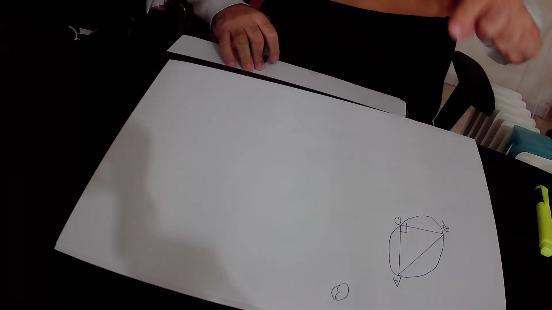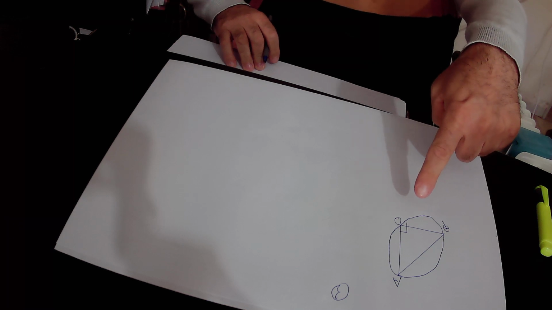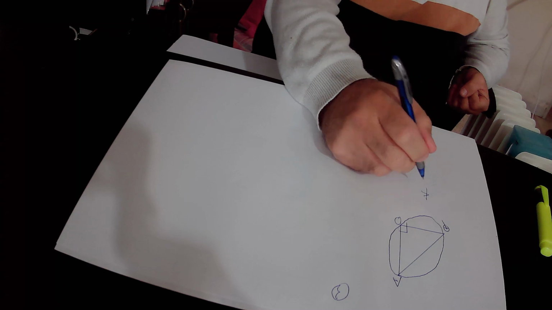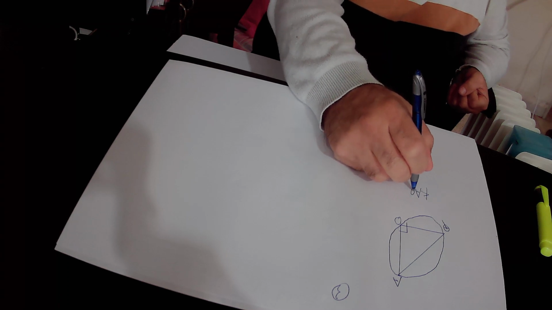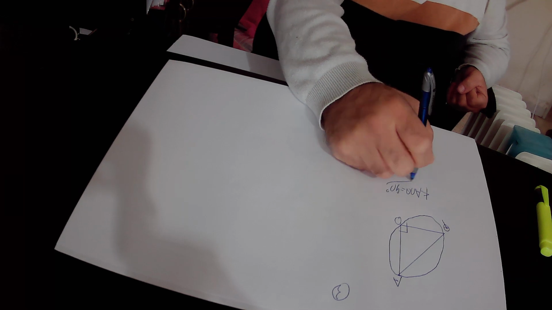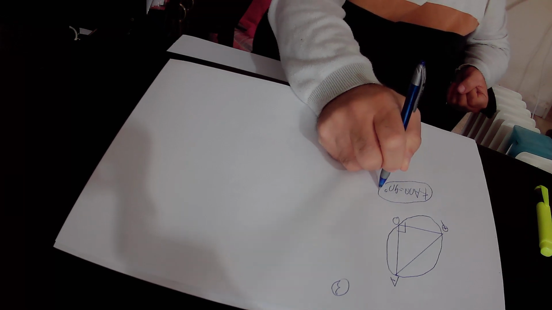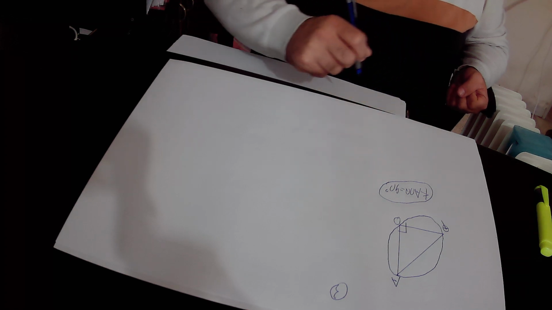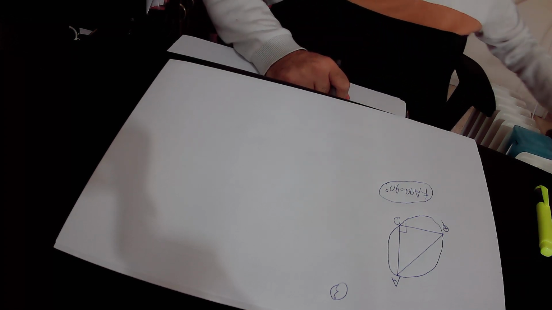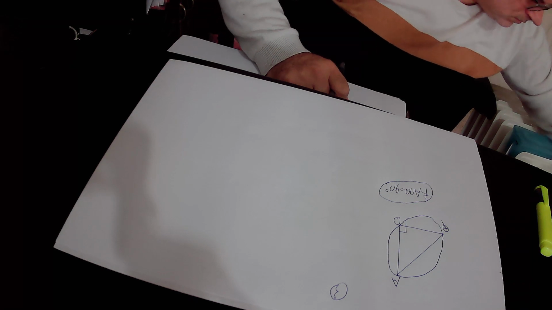Inside this circle, we have peripheral angle AOQ that is equal to 90 degrees. I'll write it down. And we have rule number 5 that states that any peripheral angle that is equal to 90 degrees rests on the diameter of the circle.